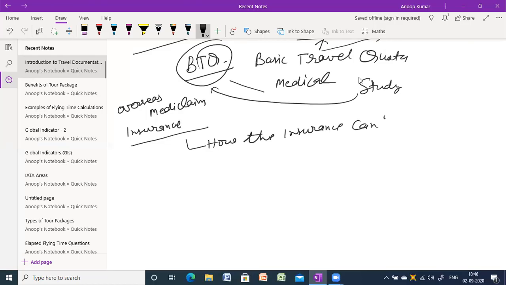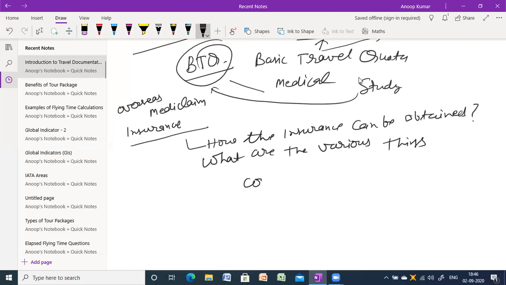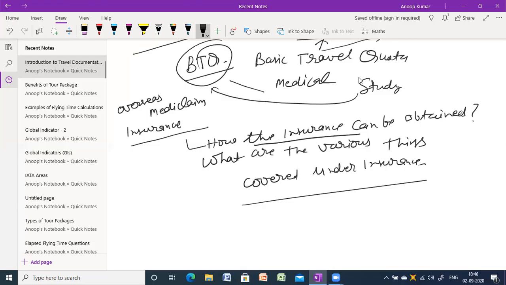What are the various things covered under insurance? We will study about this. And then how you can issue the insurance, that I have already told you. These all things we will study under this.